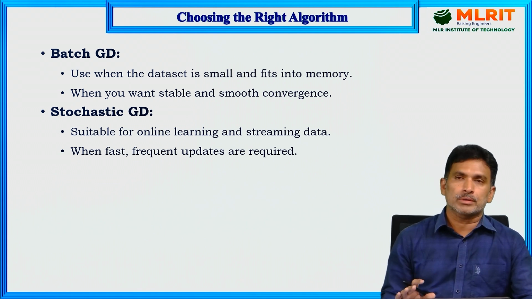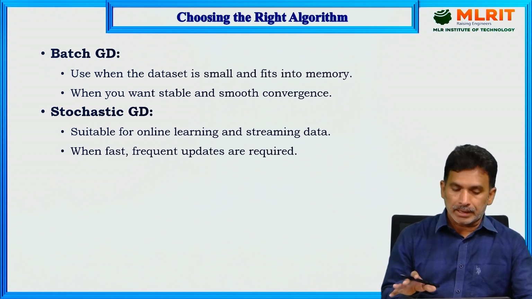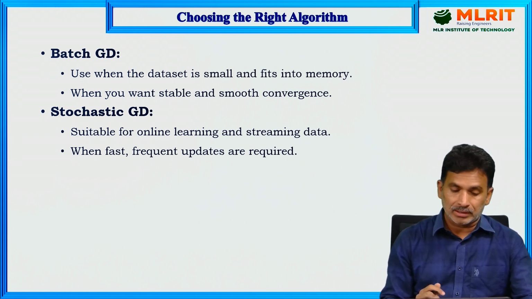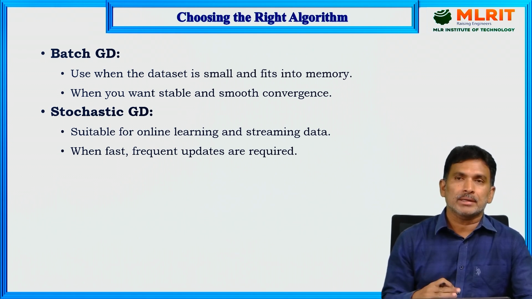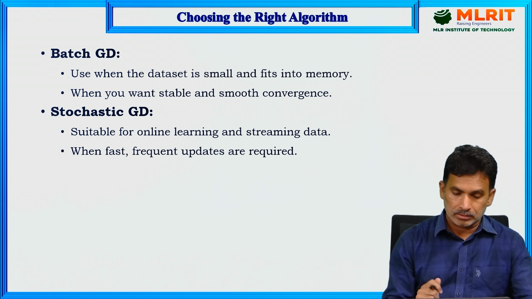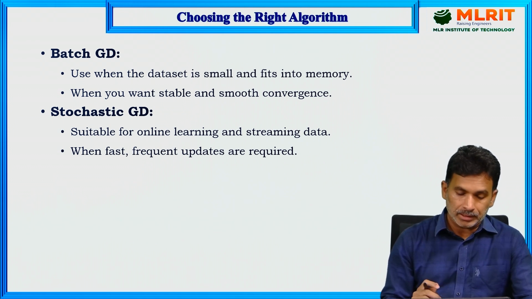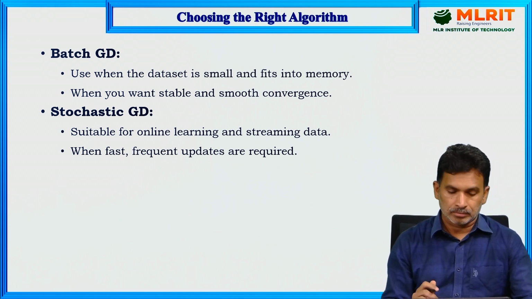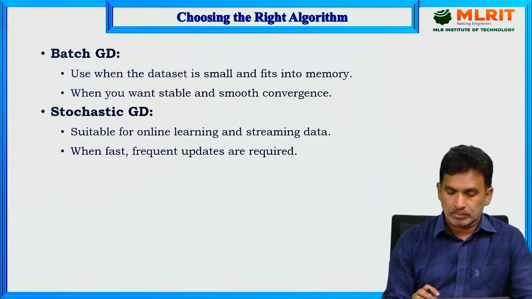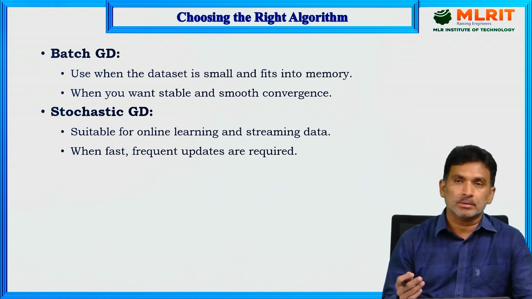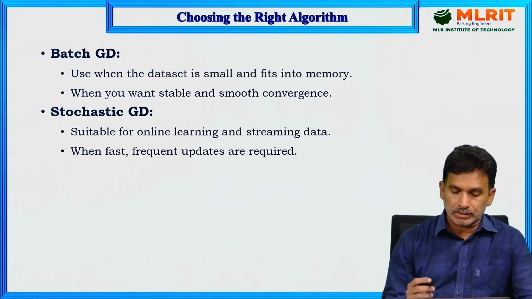How do we choose the right gradient descent optimization algorithm? Among the three main categories, batch gradient descent is used when the data set is small and fits into memory and you want stable and smooth convergence.